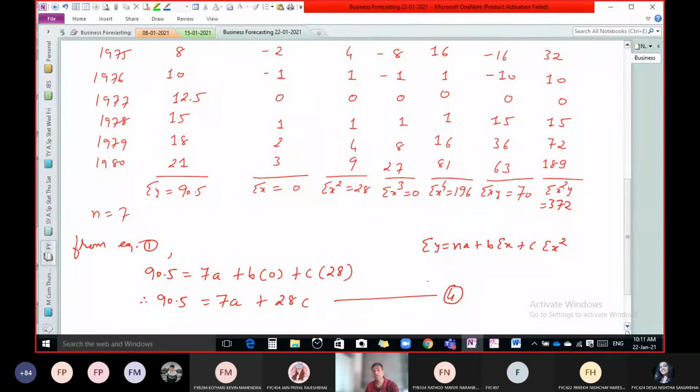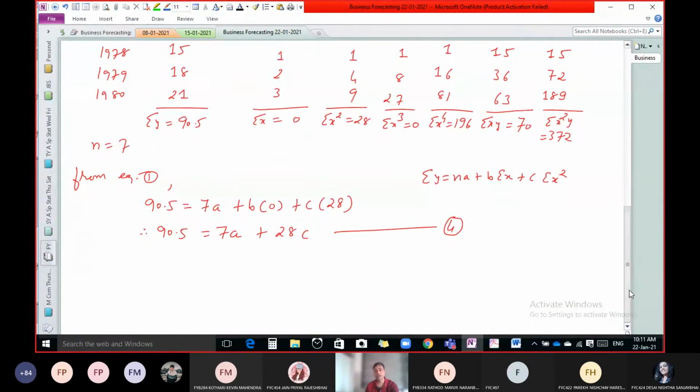Because there are two constants here, a and c, we are not able to get the value of either a or c. Now from equation 2, our equation 2 is something like this: sigma xy equal to a sigma x plus b sigma x square plus c sigma x cube. Let us put all values.